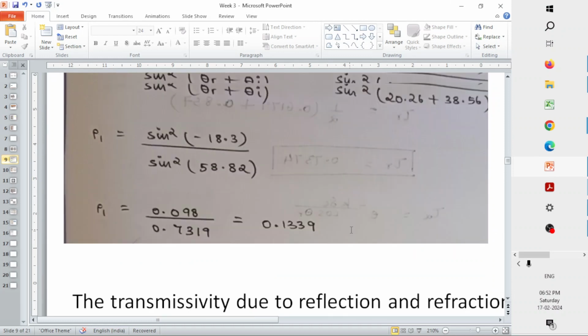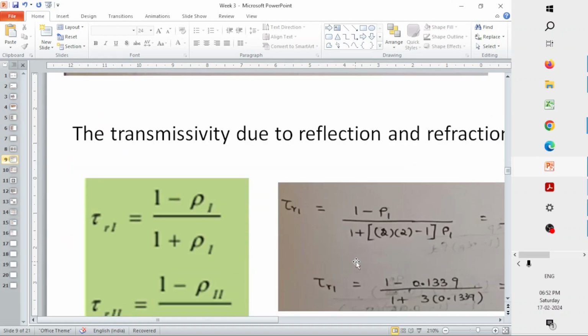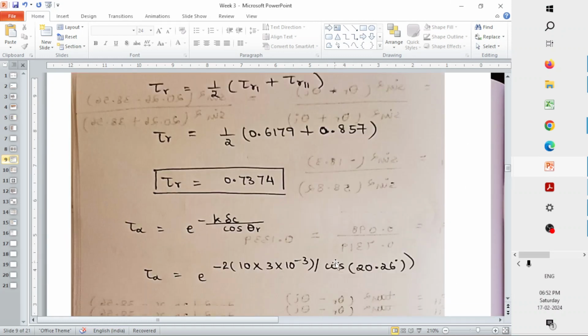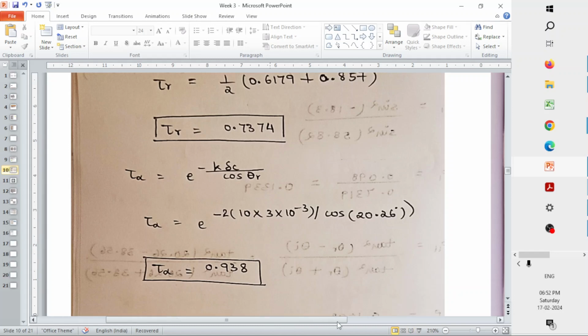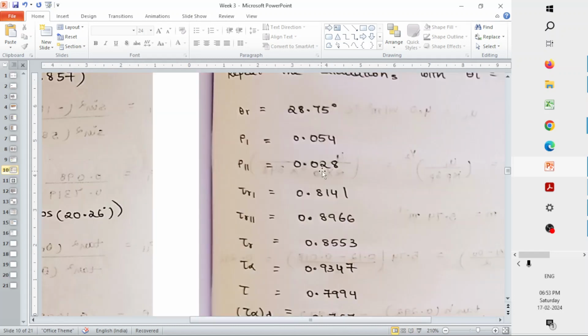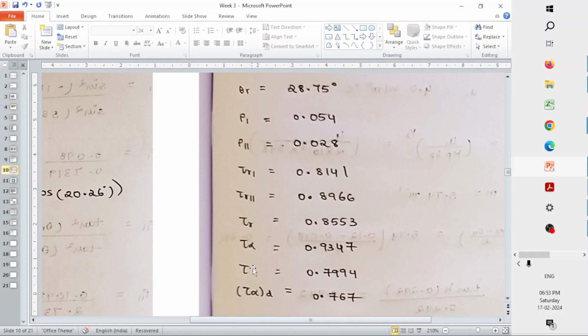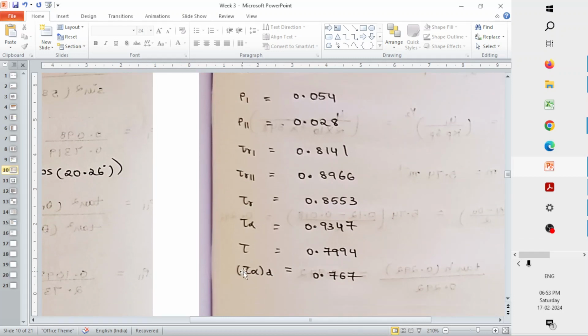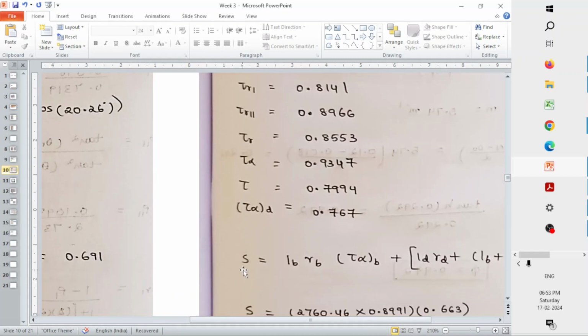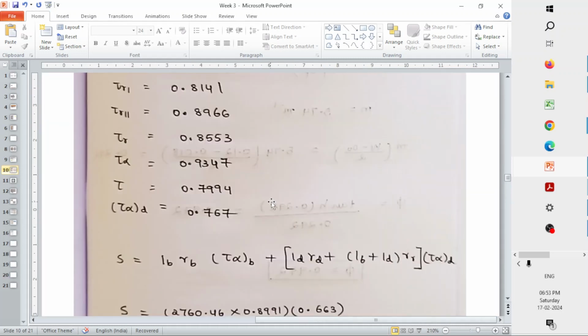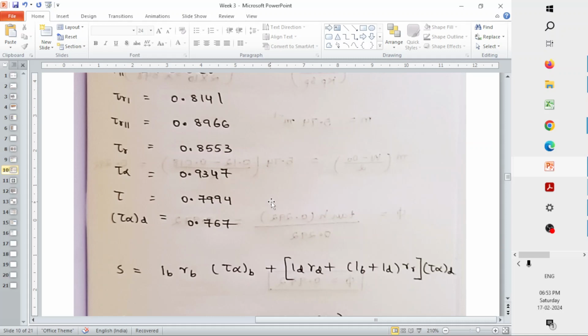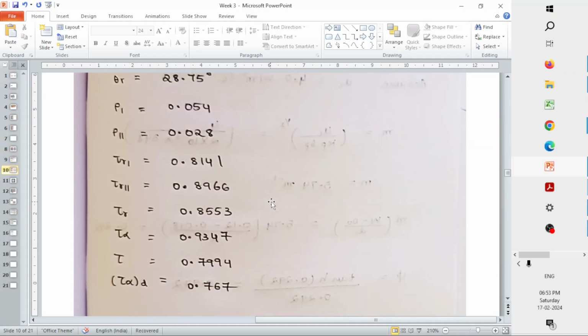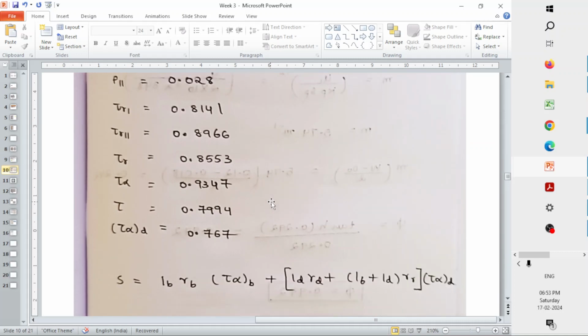So again, if you keep calculating, you will get all these values of rho 1, rho 2, tau r1, tau r2, tau alpha d, and tau. You can take this as a kind of home task, because now you know the value of theta r, 28.75.